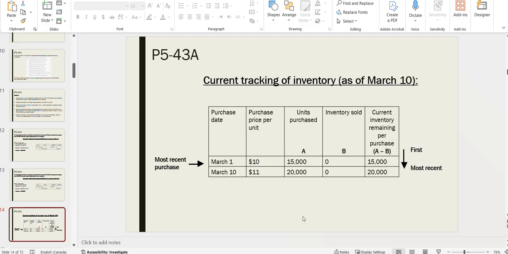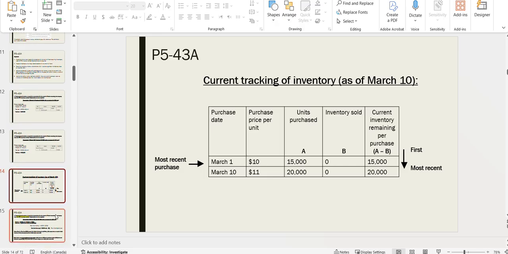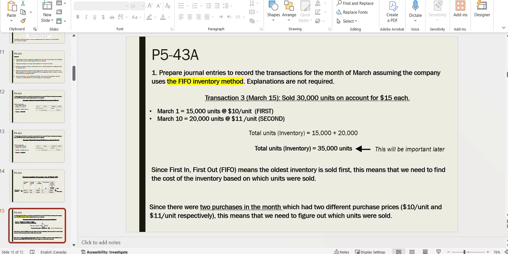So there's a summary here of the price of each unit purchased on March 1st and 10th, the number of units, and the total, the current inventory remaining per purchase. It is important to use it for the next transactions, which is here.